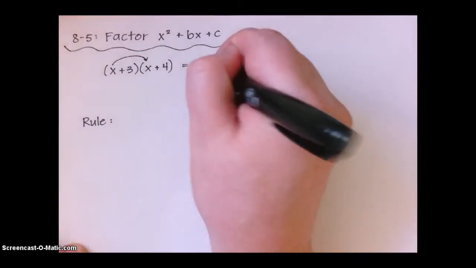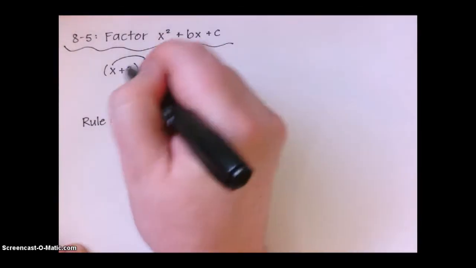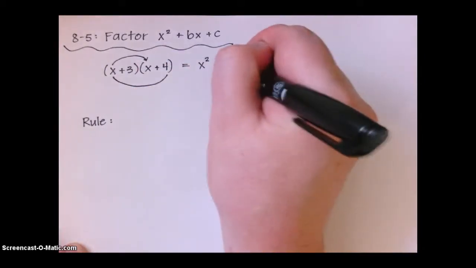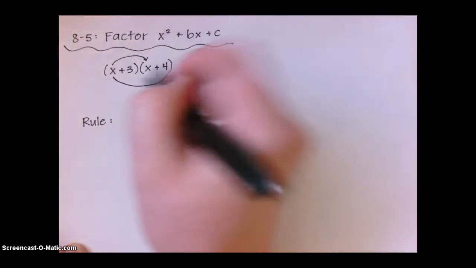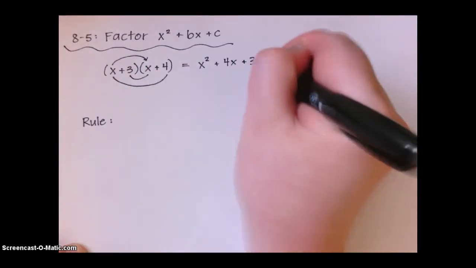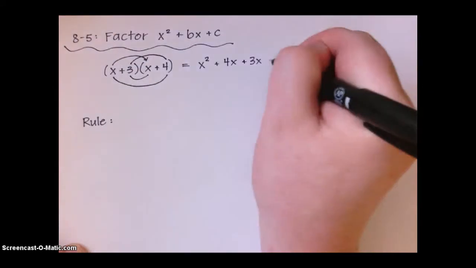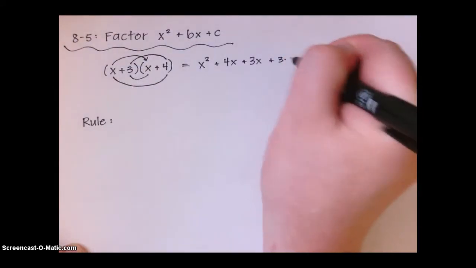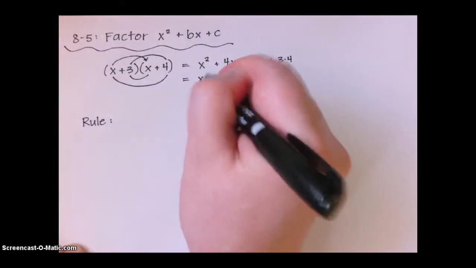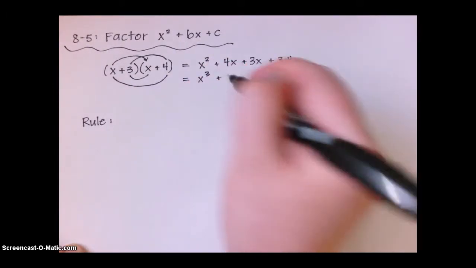X times x is x squared. O is the outside, plus 4x, inside, plus 3x, and then the last ones, plus 3 times 4. Okay, and I'm going to group these in such a way that we'll talk about in just a second.